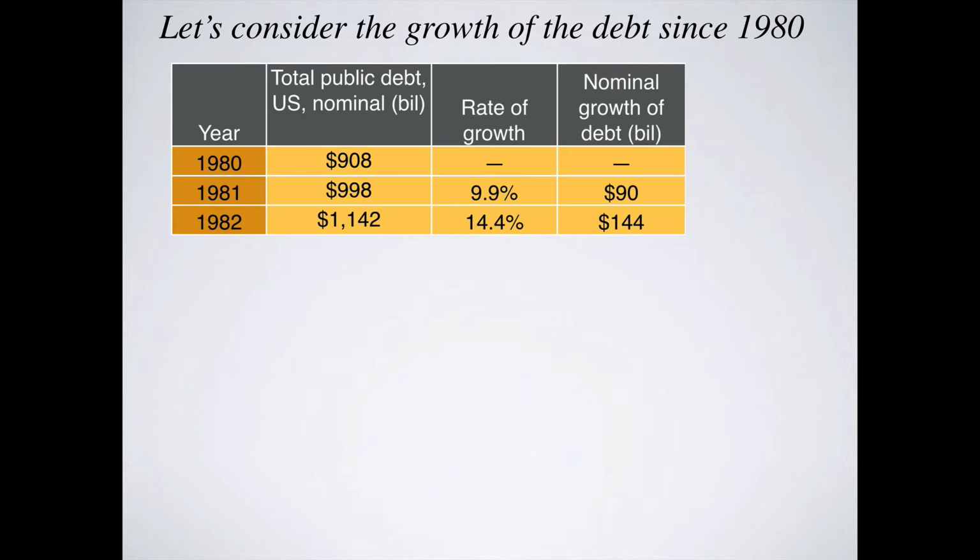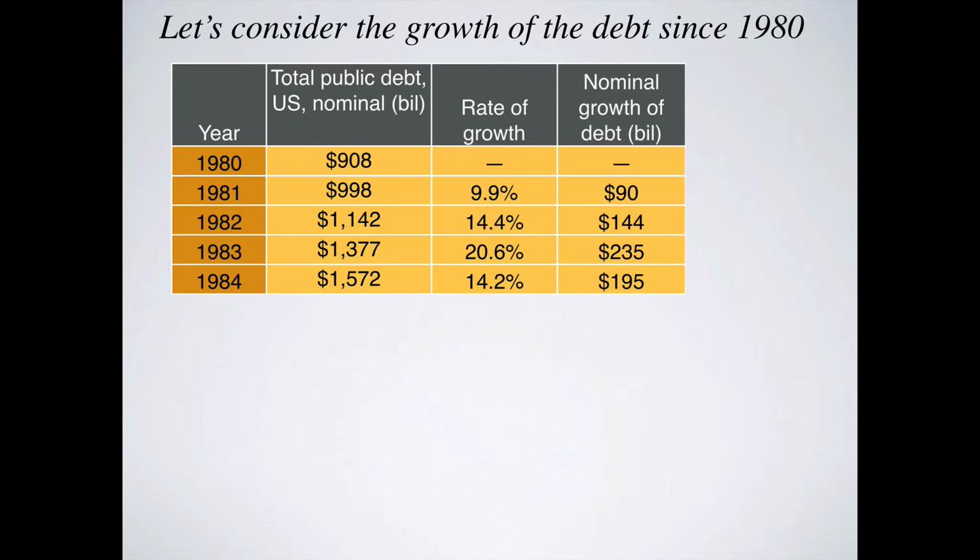If you don't keep up with us, we're going to have much better military equipment, and we're going to win, right? So the debt grows very substantially, very rapidly during this time. So, look at this: about 10%, then almost 15%, 20% per year. That's very rapid growth of debt, right?